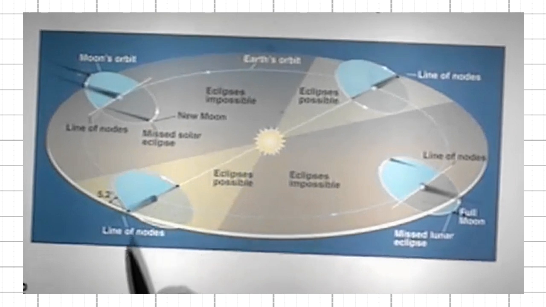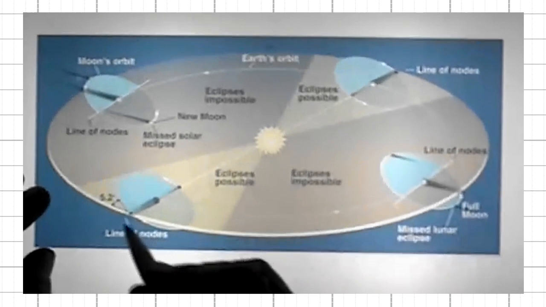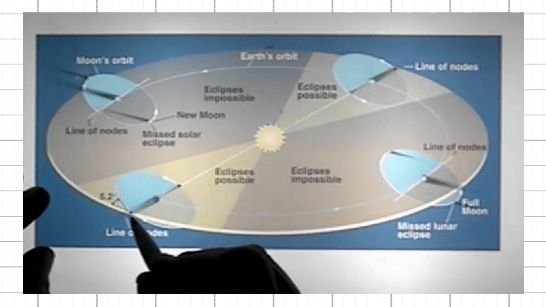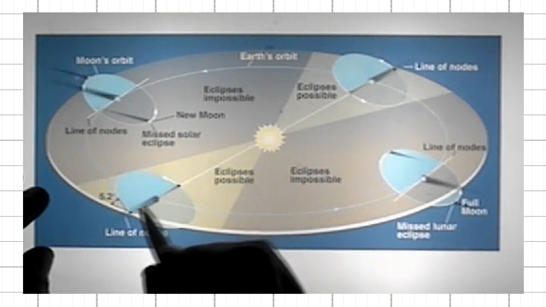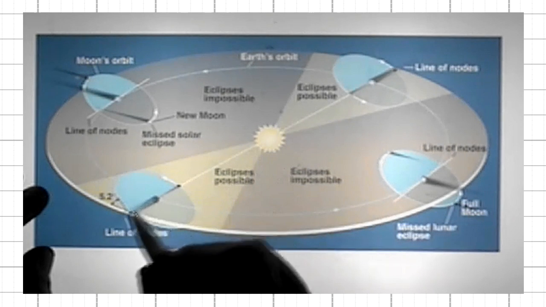It's limited to a region of diameter of about 270 kilometers, which is quite small compared to the size of the Earth. And again, when it is the full moon, when now the Earth is between the moon and the sun, then it casts shadow over the moon and we observe the lunar eclipse.